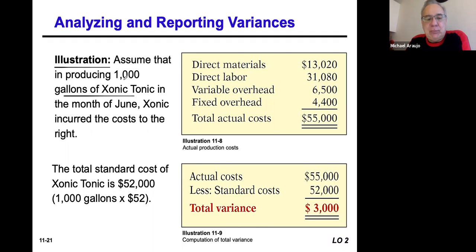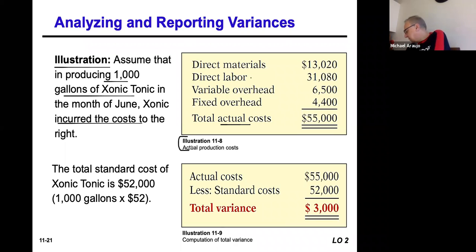But they have produced 1,000 gallons of Zonic tonic in June, and they have incurred these costs: direct materials, 13,020, direct labor, 3,108. Variable overhead and fixed overhead are listed here. Total actual costs were 55,000. That's in your book, illustration 11.8 on page 471.